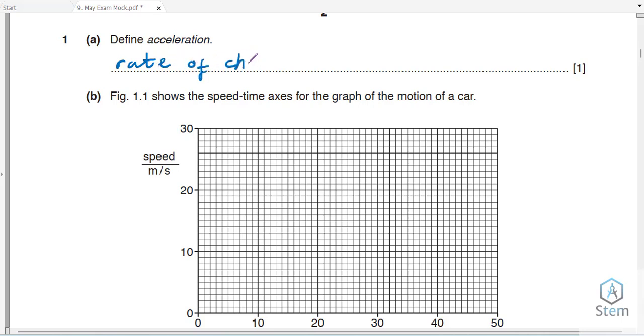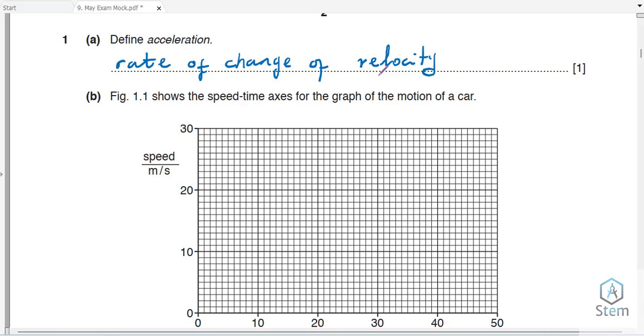Rate of change of velocity. This is the typical definition of acceleration. You can give it in other words and say acceleration is change of velocity per unit time.